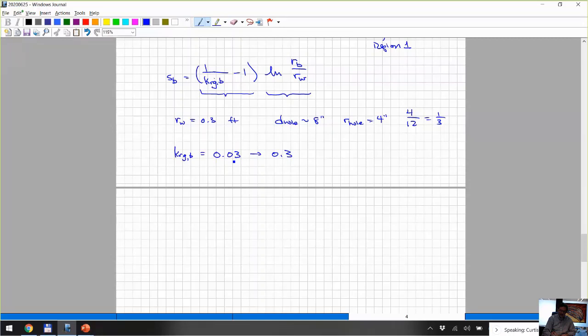Well, it's 1 over 0.03, so it's 33 minus 1, which is 32, or let's just say 30. So this blockage skin would be about 30 times log RB over RW. For 0.3, 1 over 0.3 is 3, minus 1, that's 2, times log RB over RW, okay?